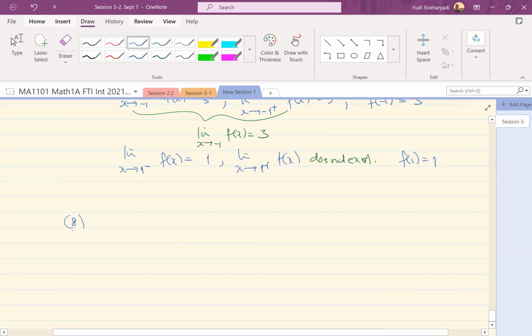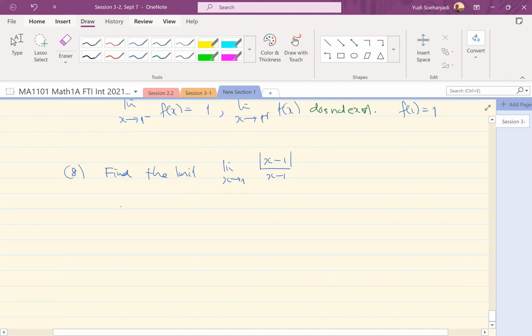Example. Find the limit of the absolute value of x minus 1 over x minus 1 as x goes to 1. Okay, so going to 1 you just cannot plug in the numbers. Okay, but we compute the one-sided limit.